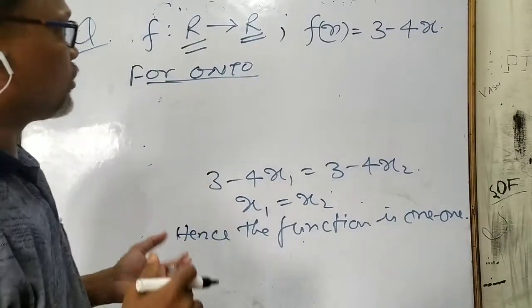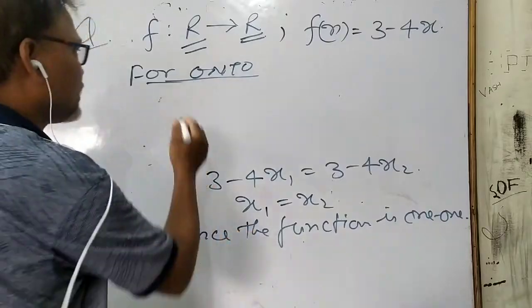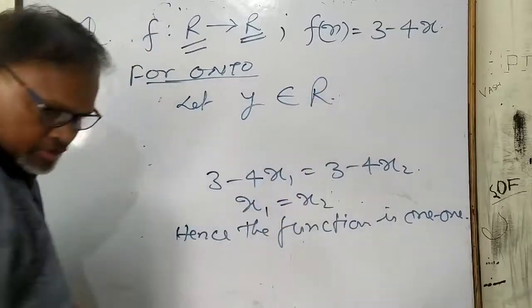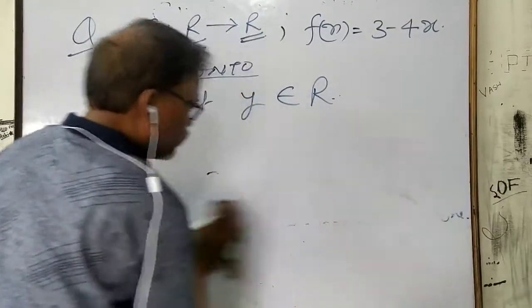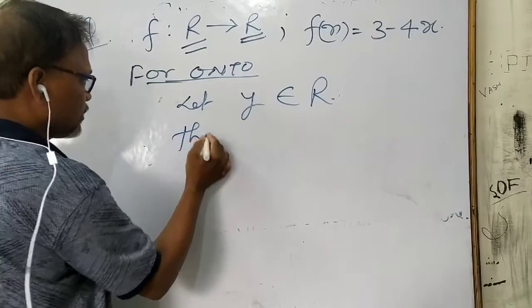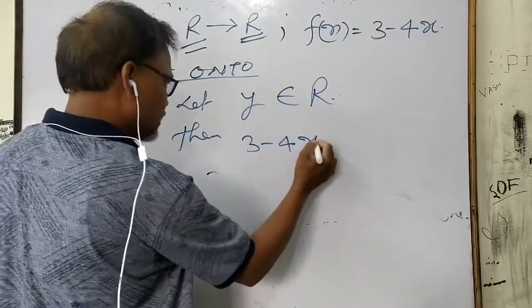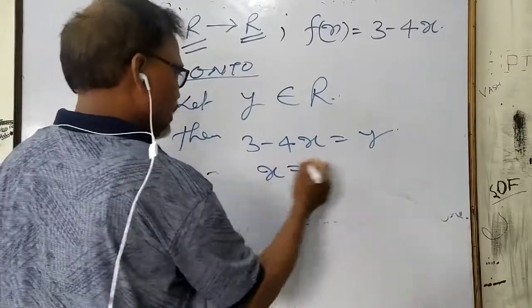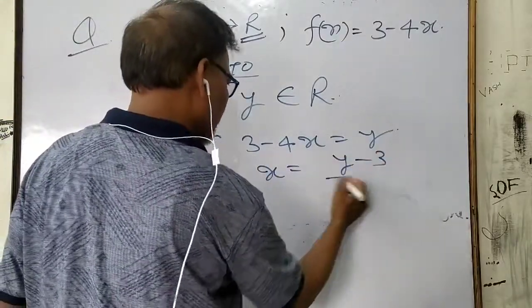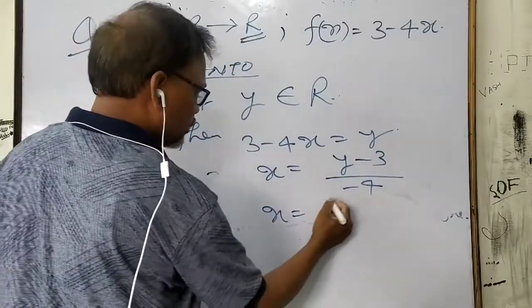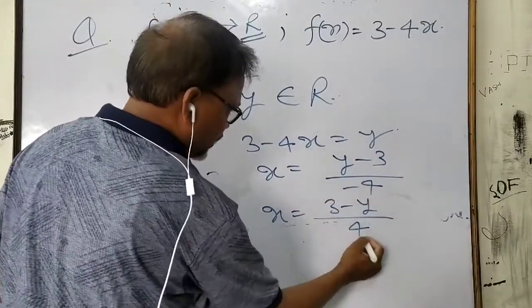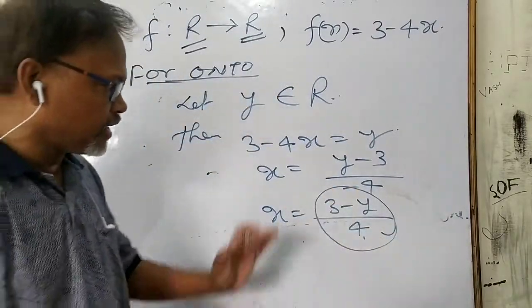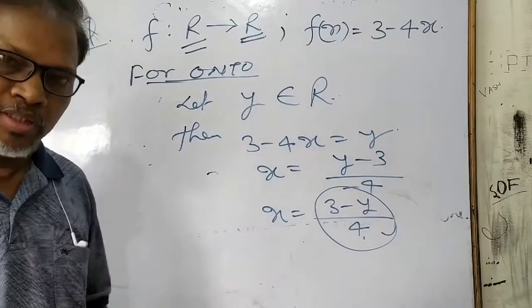Now in real numbers you can take any value. Let y belong to the real numbers. Then 3 - 4x = y, so x = (y - 3)/(-4), or x = (3 - y)/4. Can you get infinity in this case?